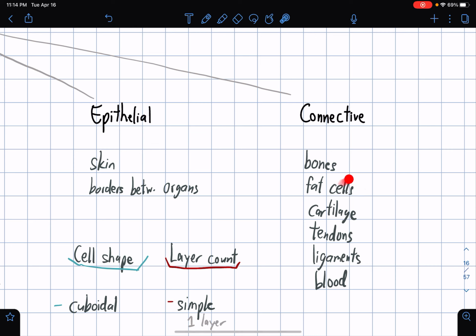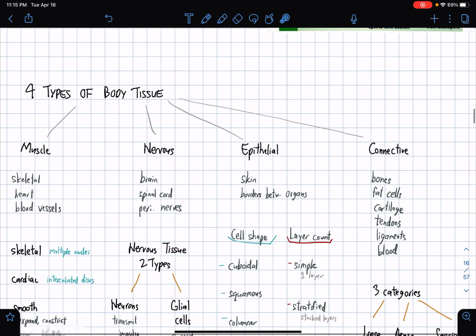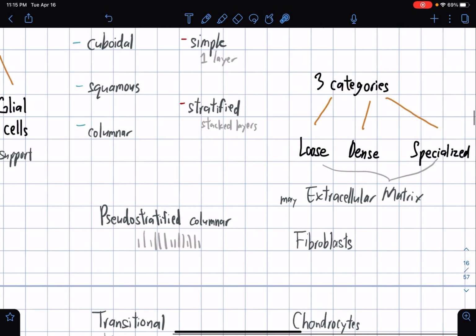It's not easy to associate fat cells with connective tissue, but just know that these four, bones, cartilage, tendons, ligaments, are easy to memorize, as well as blood. So fat cells are also associated with connective tissue, and you're all good to go.